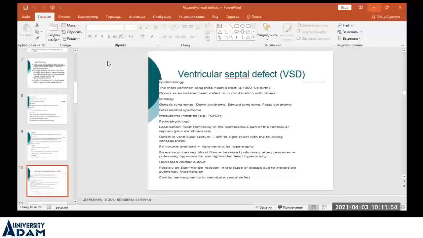Localization: most commonly in the membranous part of the ventricular septum, pars membranacea. Defects in the ventricular septum cause a left-to-right shunt with the following consequences: right ventricular volume overload, right ventricular hypertrophy, excessive pulmonary blood flow, and increased pulmonary artery pressures, which lead to pulmonary hypertension and right-sided hypertrophy.